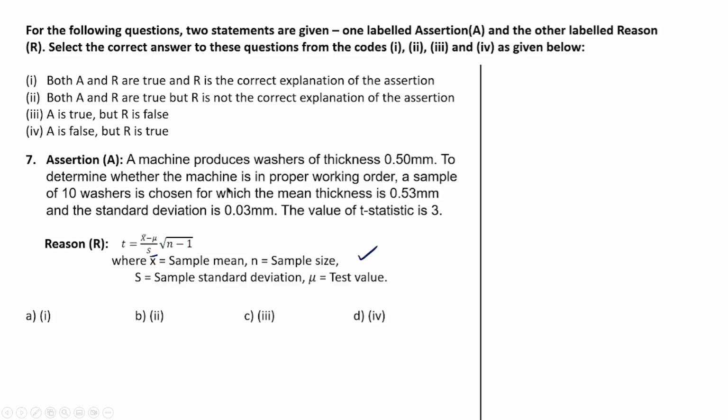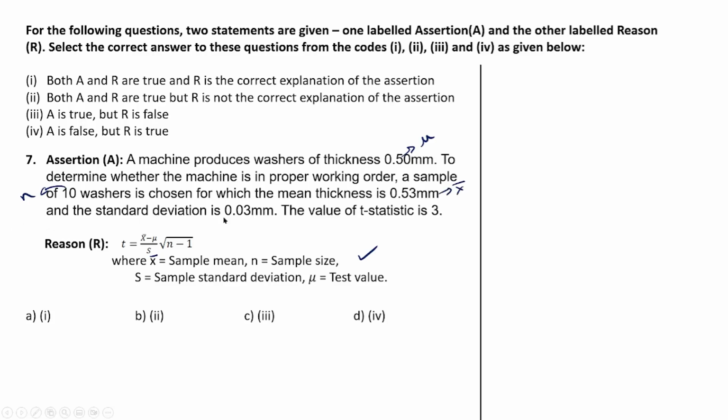Now let us check whether the assertion is true. The machine produces washers of thickness 0.5 mm, so this is mu. A sample of 10 washers is chosen, so n is 10, and the mean thickness is 0.53 mm, which is the sample mean x bar.